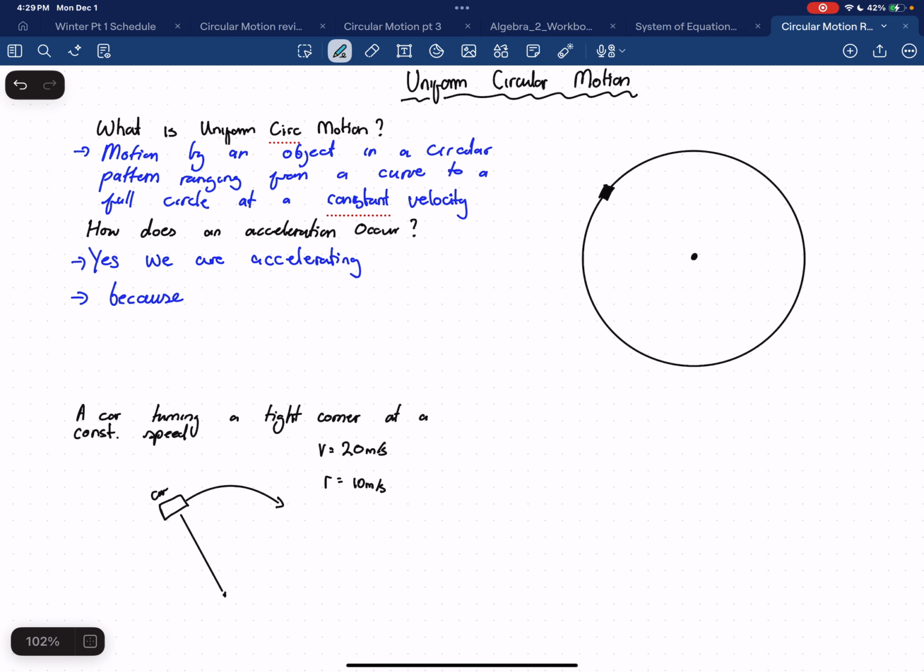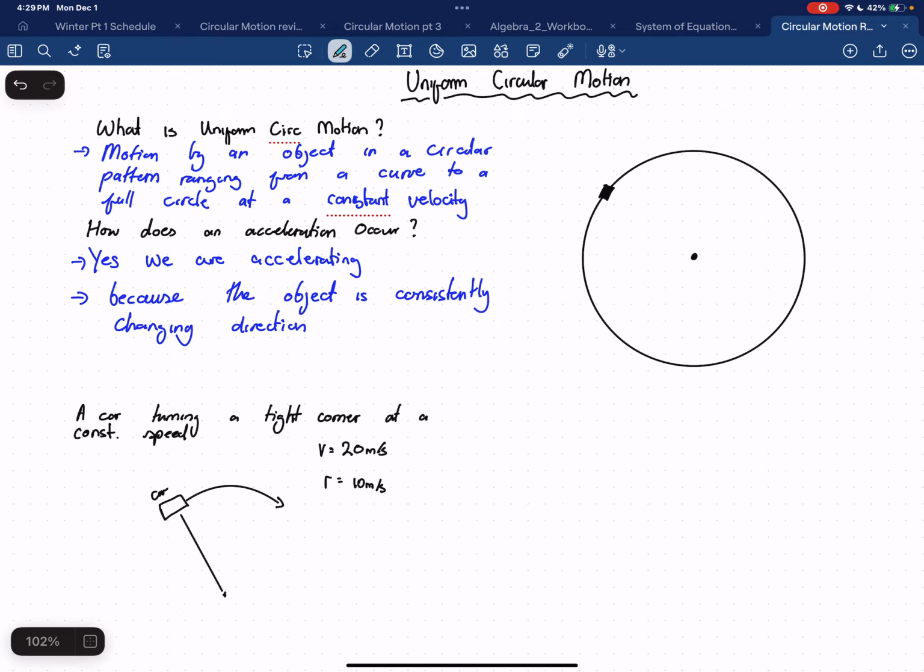Because the object is consistently changing direction. Remember, vectors have a magnitude and direction, and how we define acceleration is the rate of change of velocity.